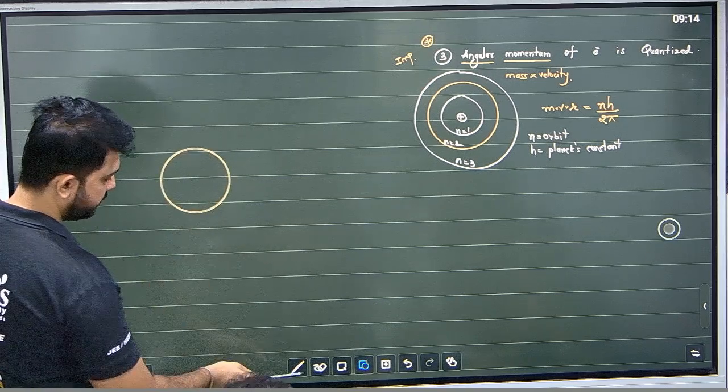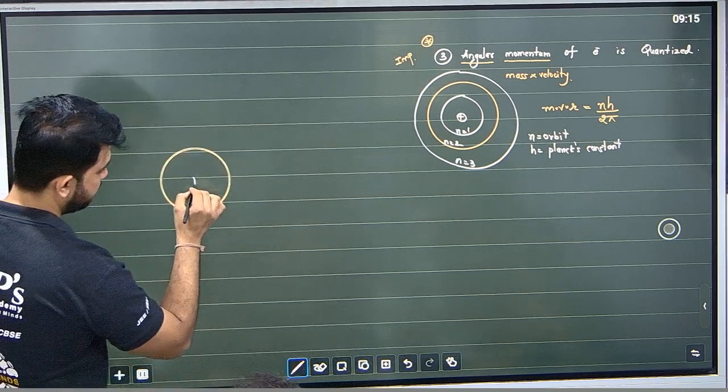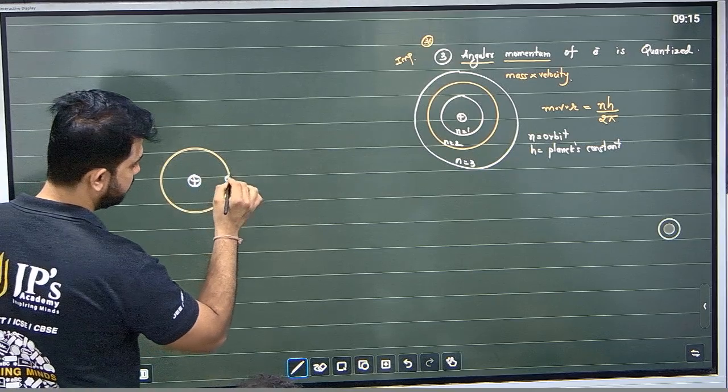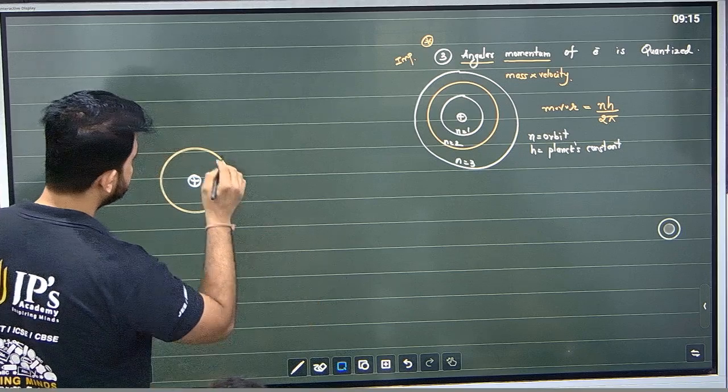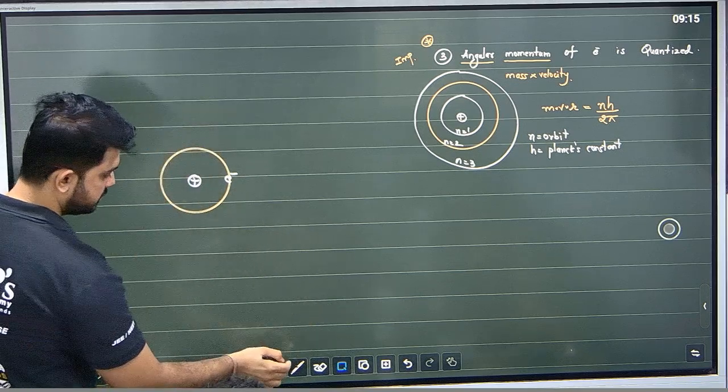Let's say this is orbit number 1. ये आपका nucleus है, this is the electron. Let's say this is the second orbit.